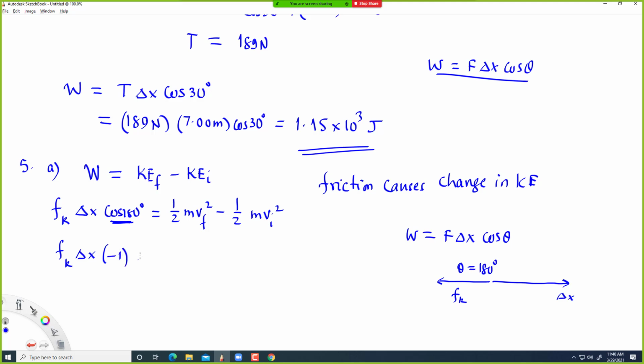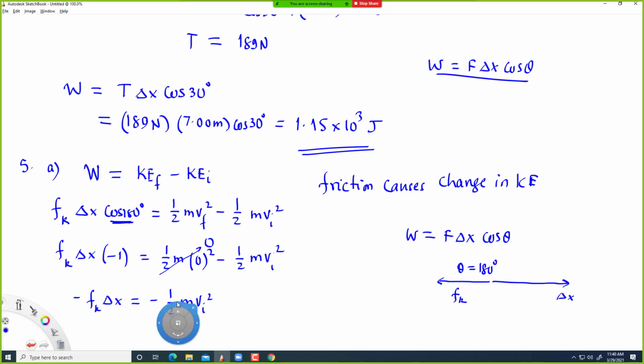The car comes to rest eventually, so the final velocity is 0. So we have minus Fk delta x equals minus 1/2 m v initial squared.